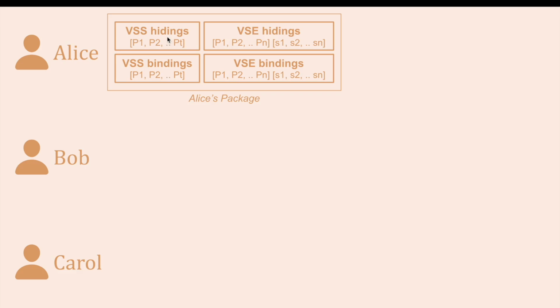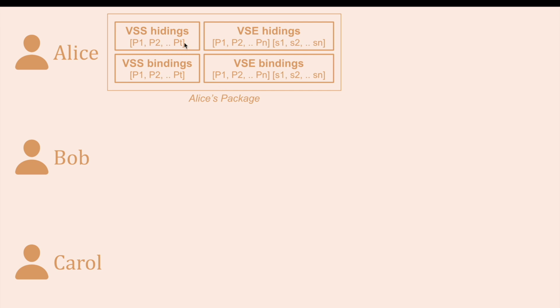So the VSS, as you remember, stands for verifiable secret sharing, and it is a vector of t points. And as for the VSC hidings, it's two vectors. The first is a vector of n points, and another is a vector of n scalars. And Alice does the same for bindings. It's just another polynomial.